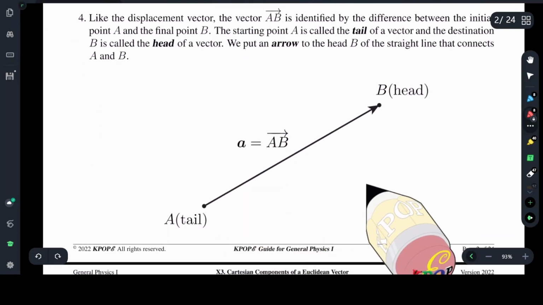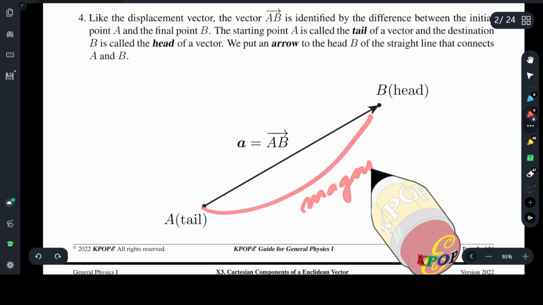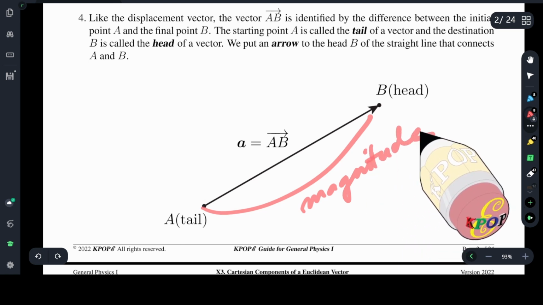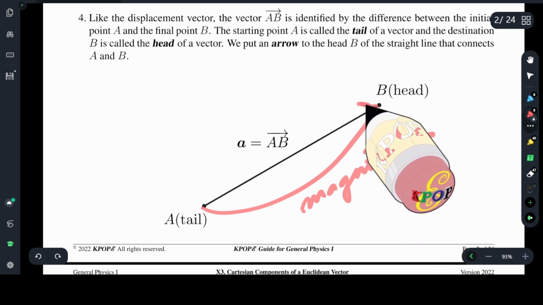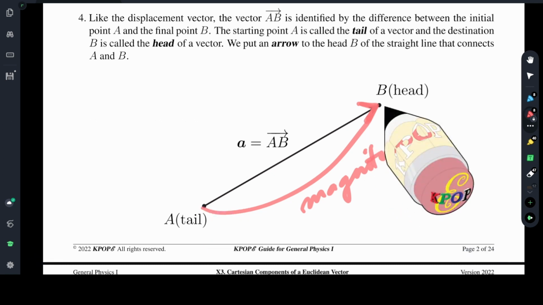We use an arrow to represent the vector, and the length is the magnitude, and the arrow represents the direction of the vector.